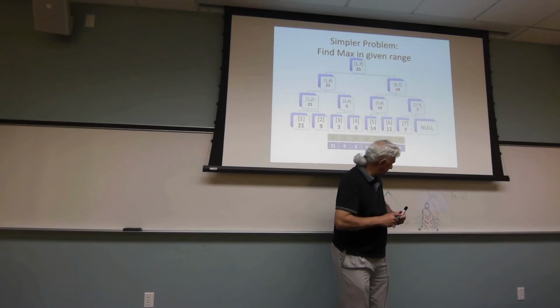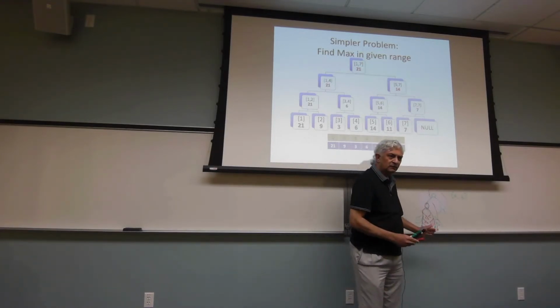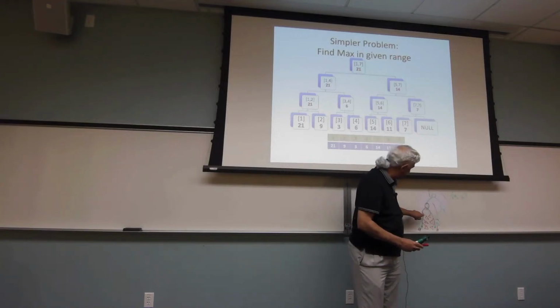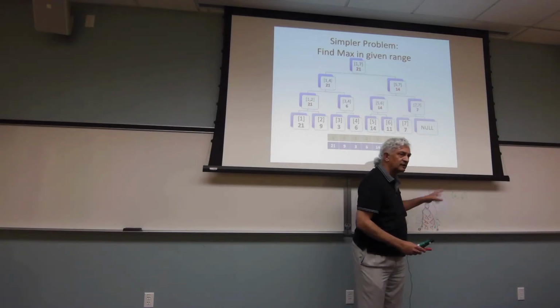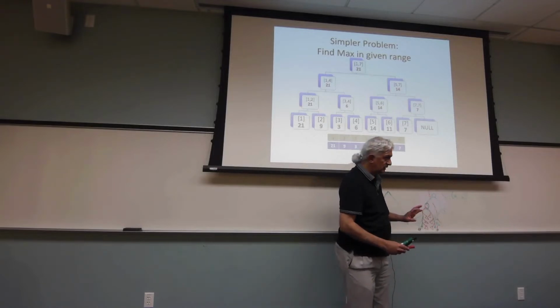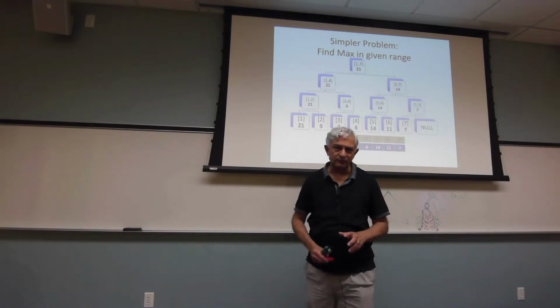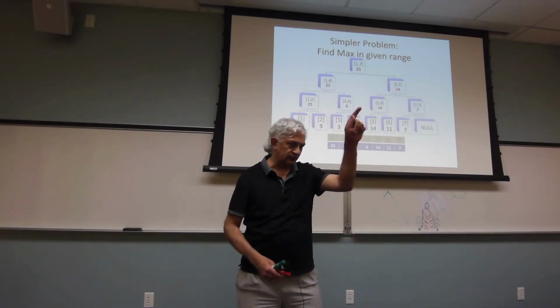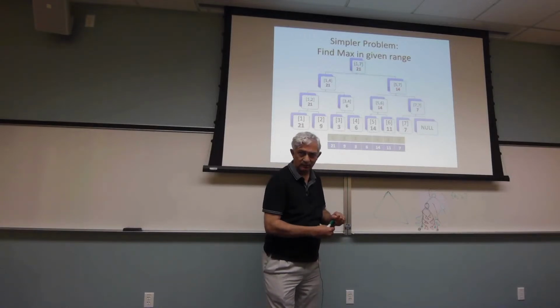Okay, so it turns out that as I walk down my tree, I will either include things that I encounter along the way, or I will include entire subtrees that I don't have to go and traverse. And so in the end, the amount of work that I perform is proportional to the height of the tree, and so everything is still big O of log n.